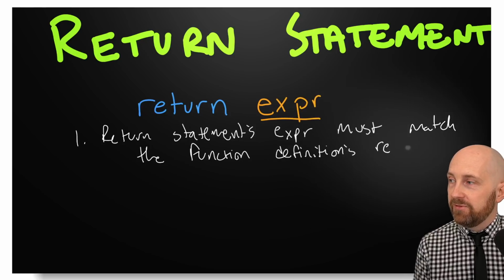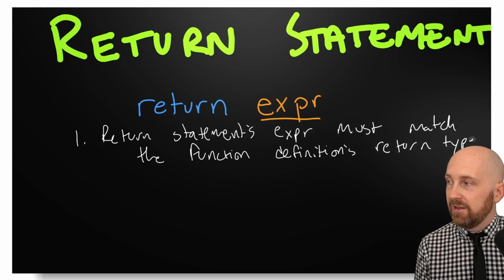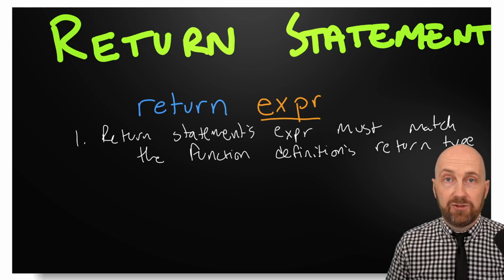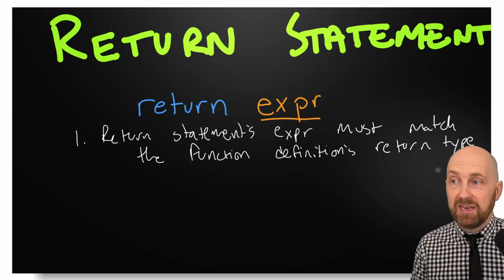All right, so this is fundamentally important. And this is how we make sure we write validly typed programs and that our functions are going to behave as we advertise them and adhere to their contract.